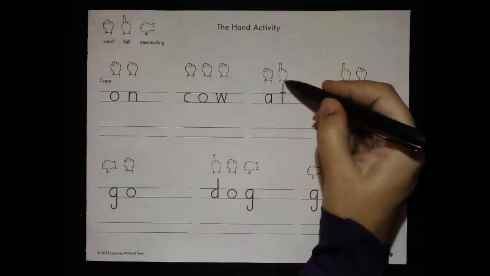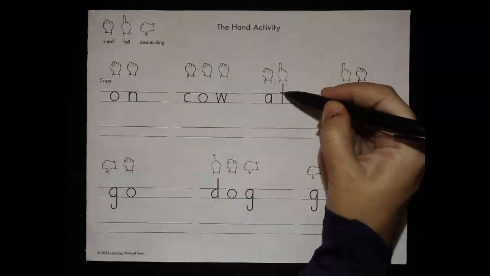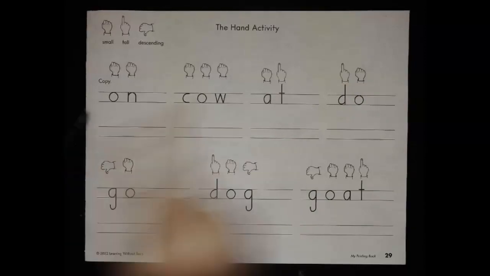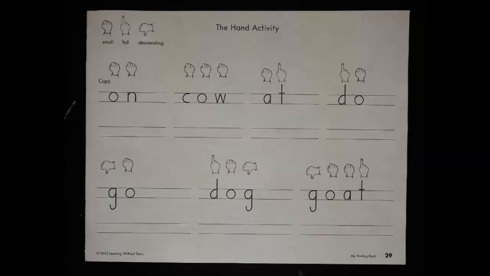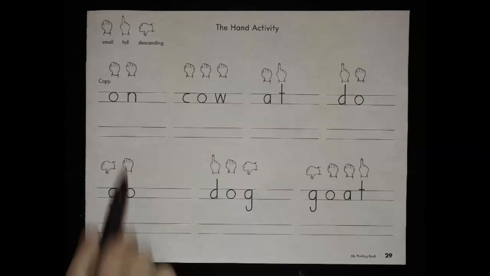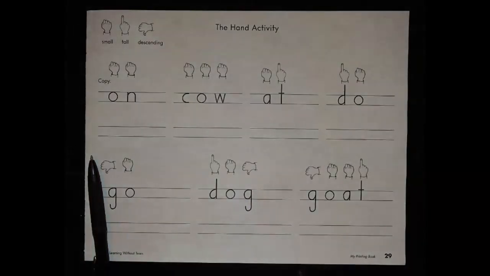Tall letters are like this one, like a T. They go above that middle line. So point up like this. That's a tall letter. And then some letters go below the line, like our G does. It has a tail. If it does that, we're going to do a thumbs down like this. It just means it goes down below the line.